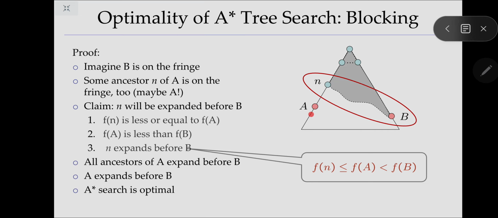It is enough to say that A star is optimal and with the least computation time can find the optimal solution.